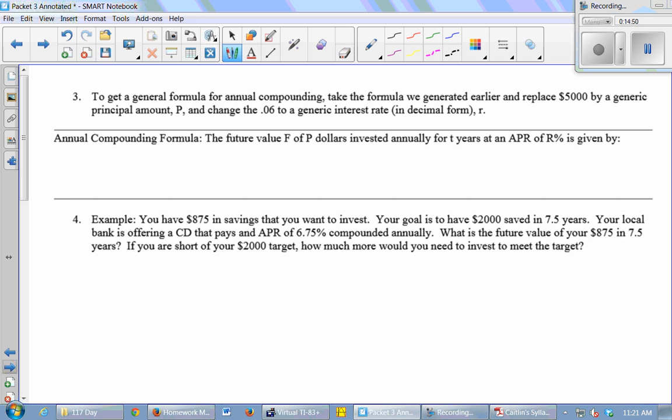And we're going to change the 0.06, that 6% interest rate, to a generic interest rate called R. And so our formula for future value of P dollars is going to be P times 1 plus R to the T. Instead of 1 plus 0.06, it's 1 plus R to the T. So this is for annual compounding, if you earn 6% once a year.